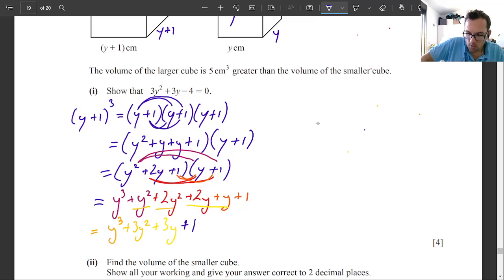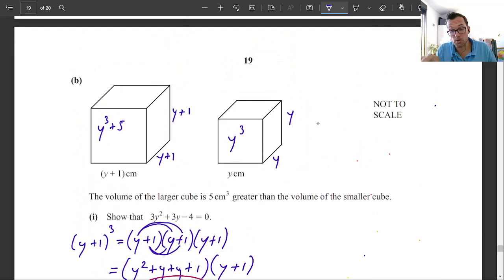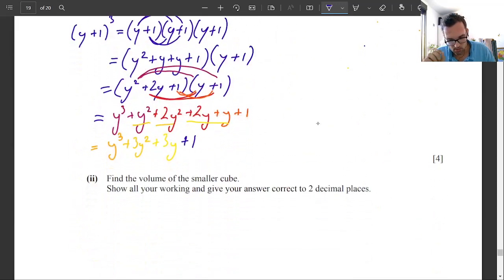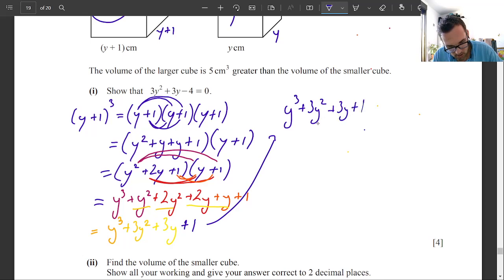What else do we know? Well, we know that is the volume of the larger cuboid, but also we know that this is the volume of the larger cuboid. So we just need to set that equal to each other. We take this whole equation we just got, y cubed plus 3y squared plus 3y plus 1, that is equal to y cubed plus 5.